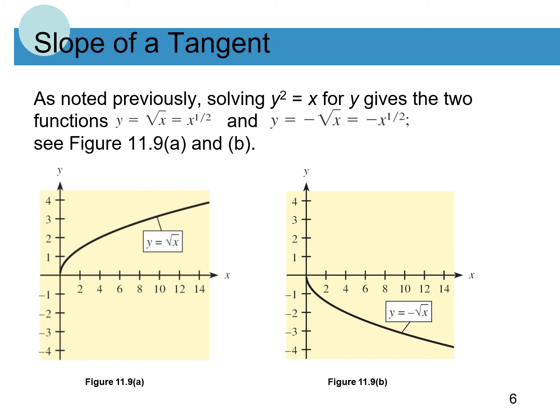When we illustrate this graph, figure 11.9a shows the graph for the function y equal to square root of x, and 11.9b is the function y equal to negative square root of x curve.